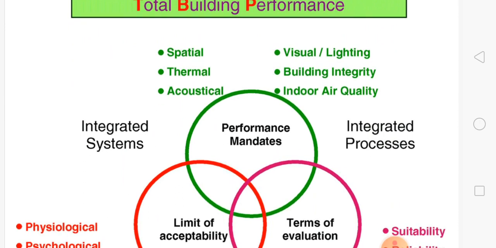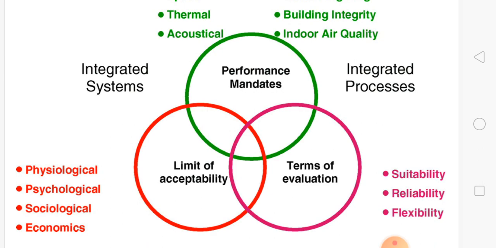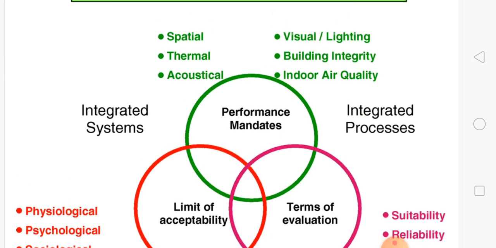Like total building performance, we can take these three points: performance mandates, limits of accessibility, terms of evaluation. Performance mandate includes all other factors which we have discussed before, and spatial, thermal, acoustical, visual, building integrity, indoor air quality.